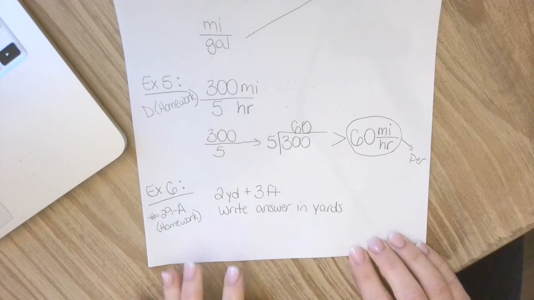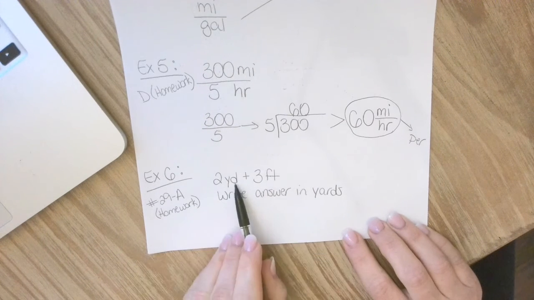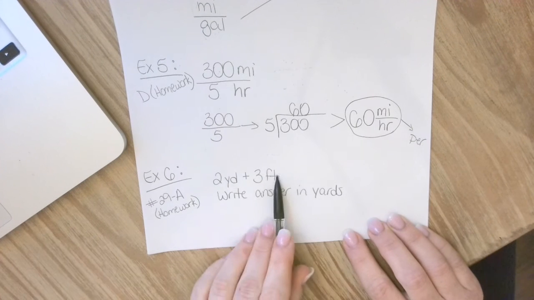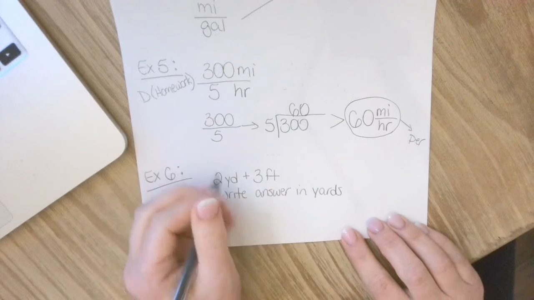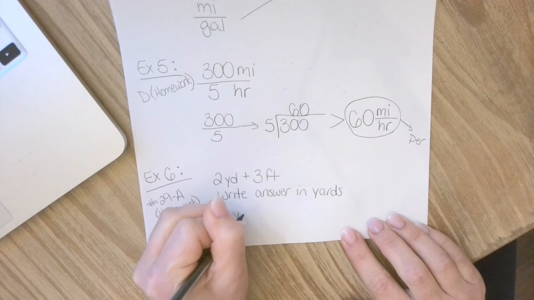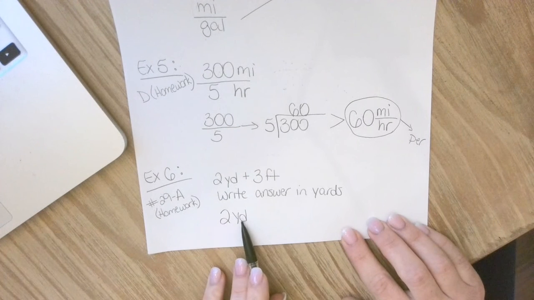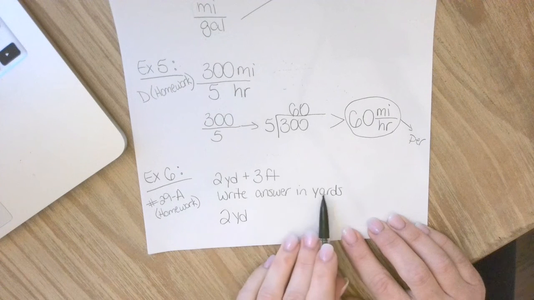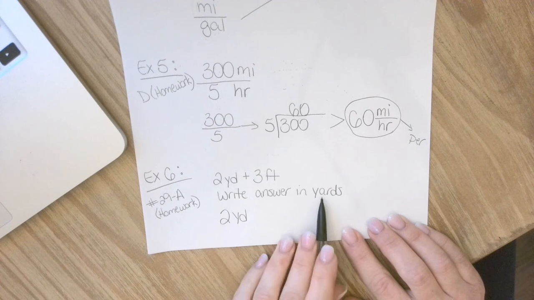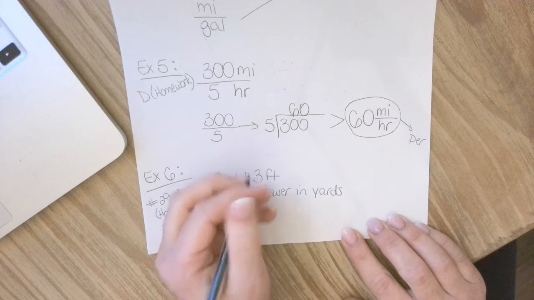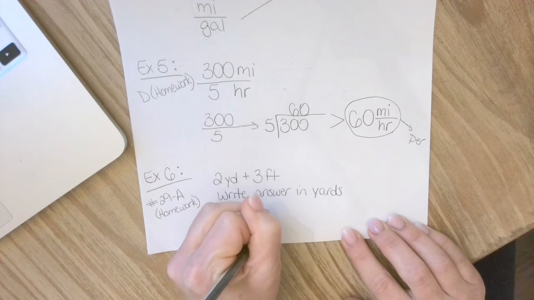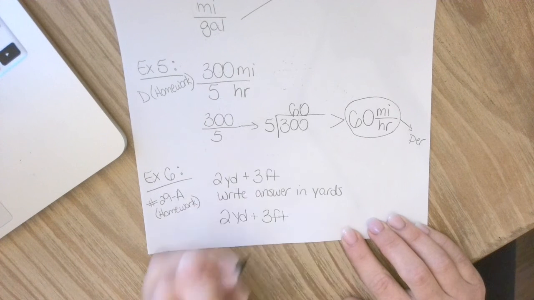Okay, so that means that I actually have to do a little bit of thinking with these units because I have to make them the same. So if it wants me to write my answer in yards, I don't need to do anything to the 2 yards because it's already in the unit that the question is requiring me to put it in. But I do have to do something with the 3 feet.